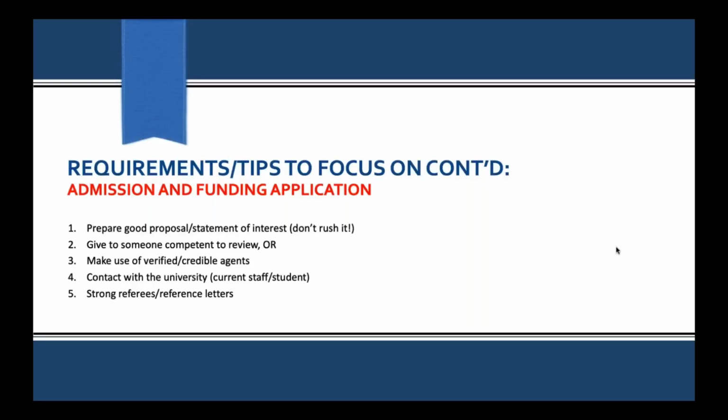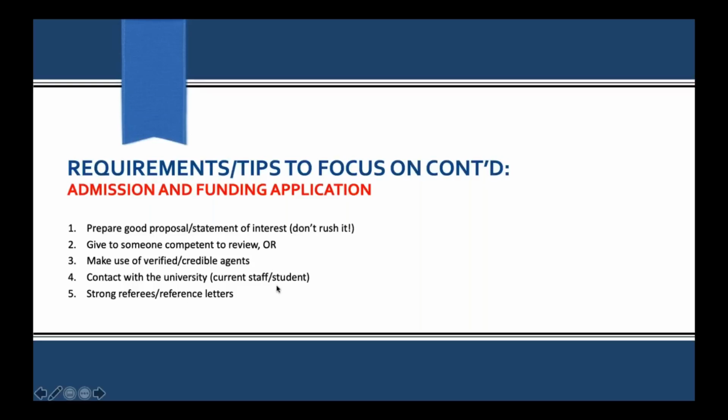So it helps when someone who knows you, whether it's a professional referee or an academic referee, or again, depending on what you're applying for, if you're applying for an MBA, for example, it might be worth having a professional reference letter from where you've worked rather than an academic.